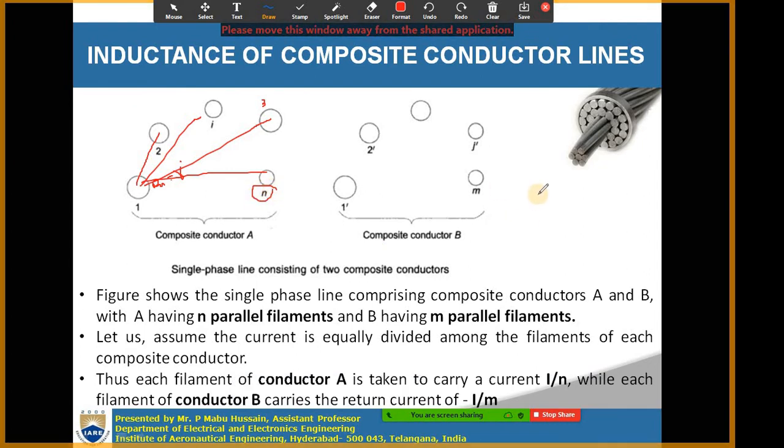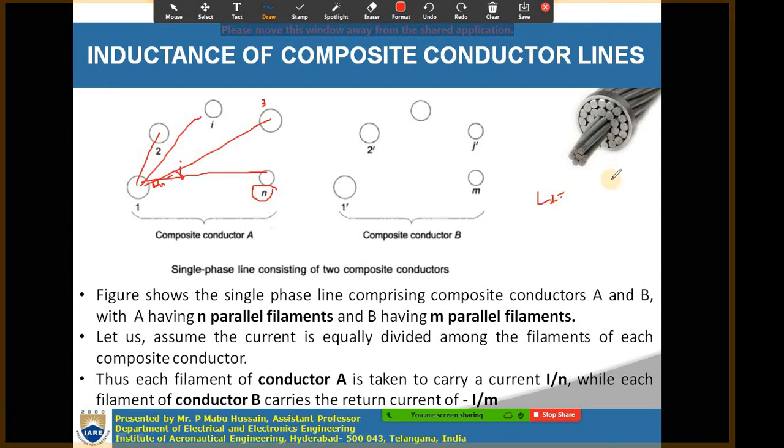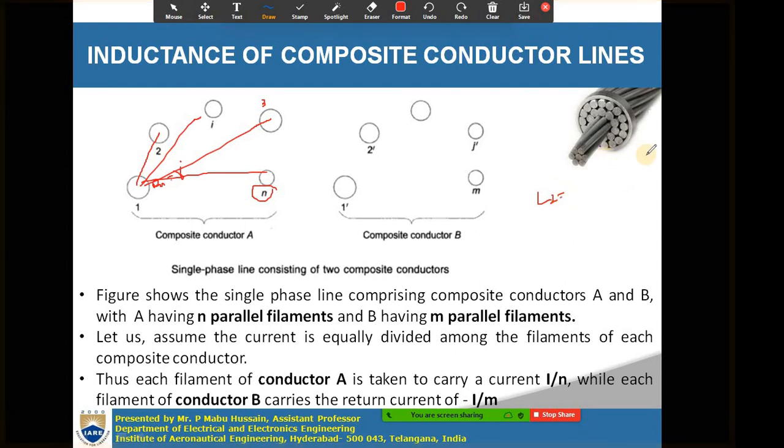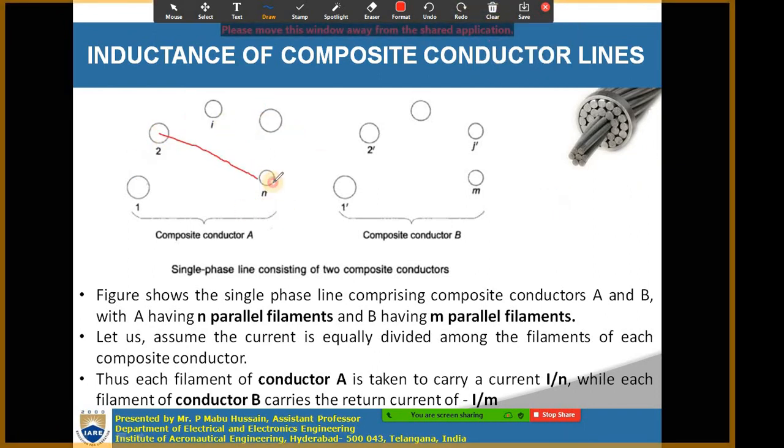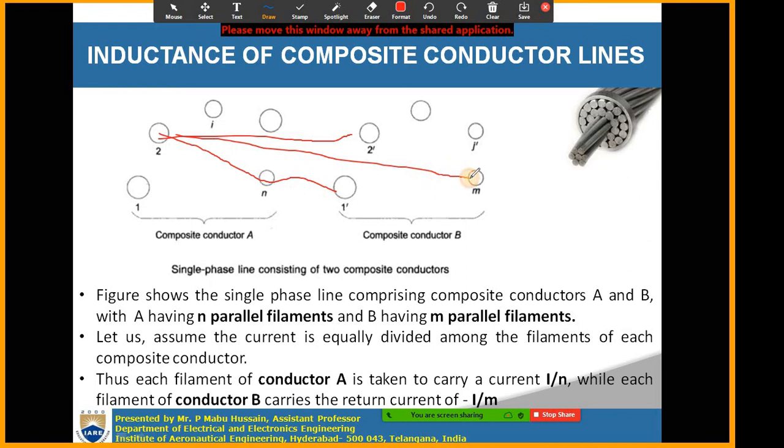Similarly, L2 is equal to 2 into 10 power minus 7 ln of the product. The numerator product, how you can write, is d21 dash, d22 dash, up to d2m dash, and the denominator only this: d22 into d21, up to d2n, d2i, like that.